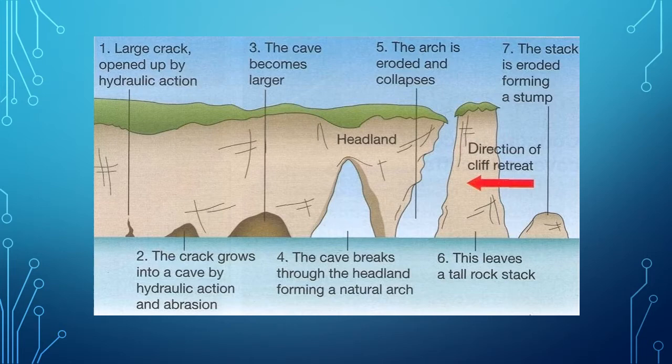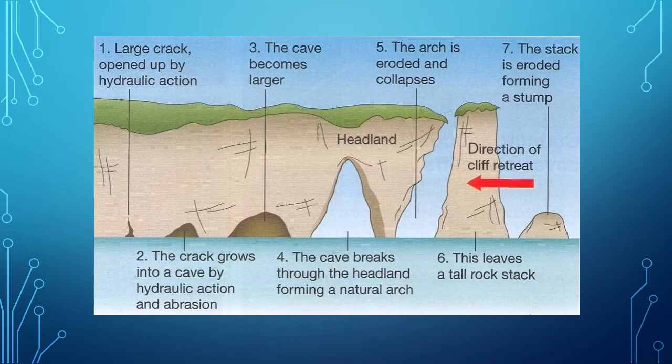When the low tide and high tide come continuously, hydraulic action takes place and there is a crack on the rock, and later this crack grows into a cave by hydraulic action and abrasion. As the abrasion process goes on, the big crack gets converted into a cave.